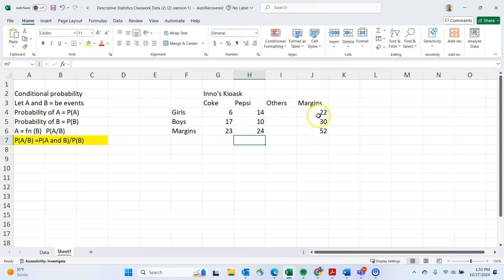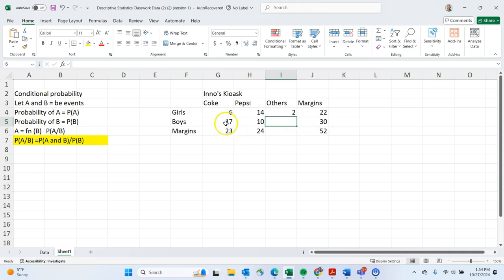Since the number of girls is 22, 14 drink Pepsi and 6 drink Coke, so the remaining will drink other types of soda. We know the remaining is 2. That's the total we have for girls, meaning that 6 girls prefer Coke, 14 Pepsi, and 2 others, and so they make the total of 22.